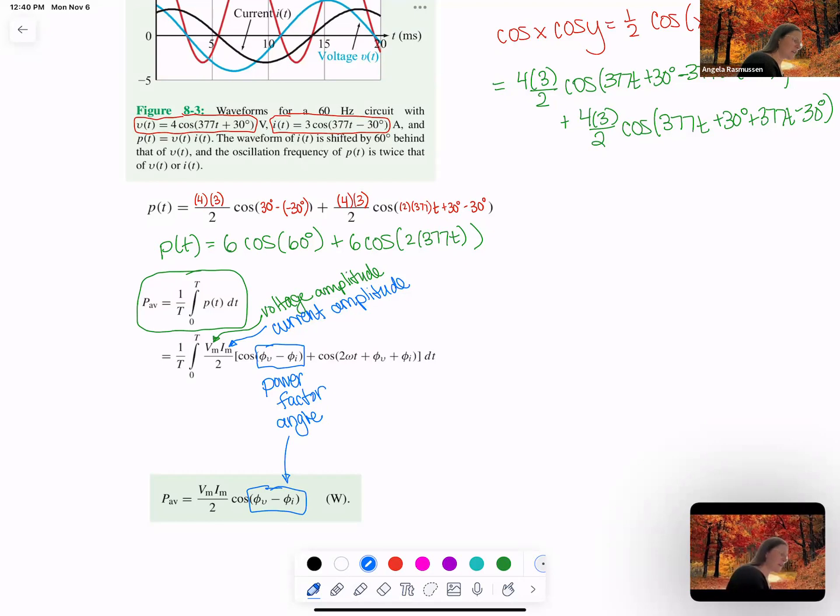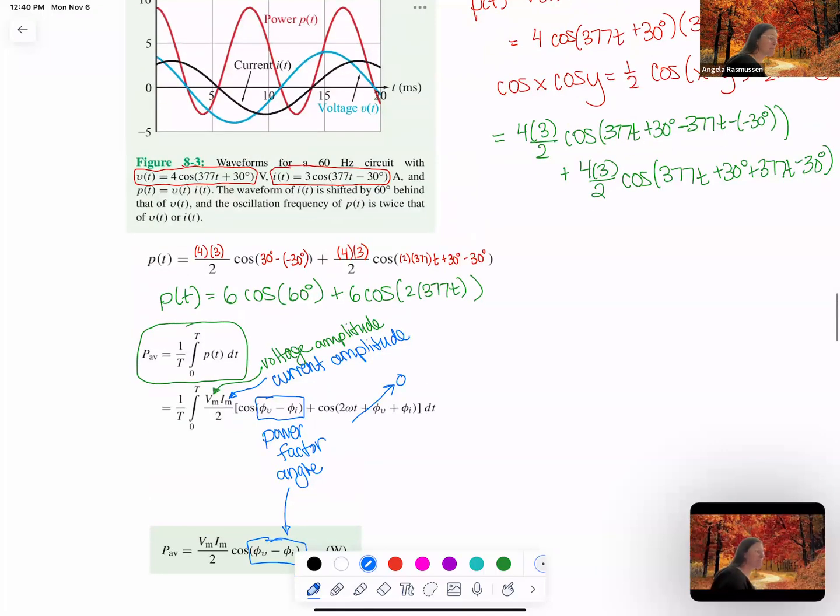And then this actually ends up giving us 0. So a cosine, when you integrate it, has the same on the top and the bottom, and so it ends up being 0. And so over this is going to just be some number.